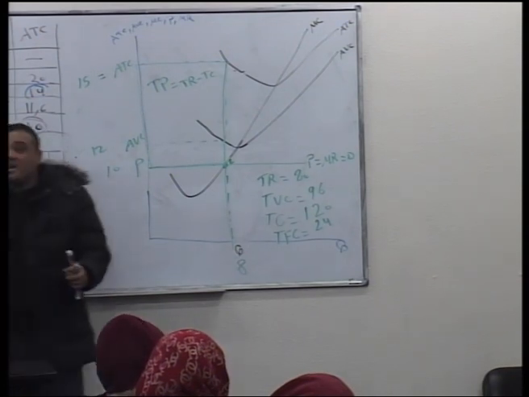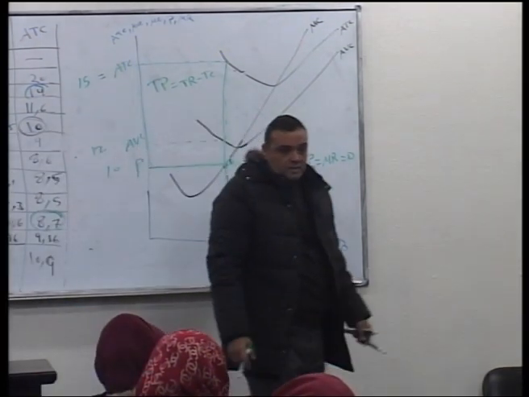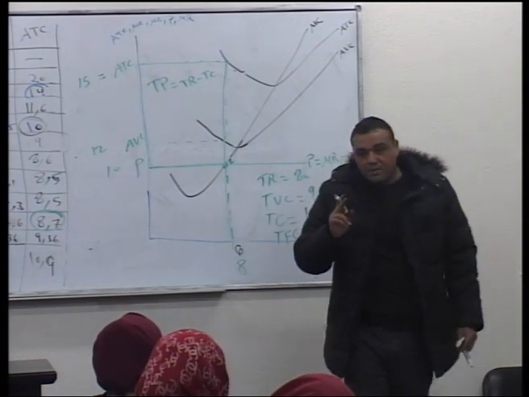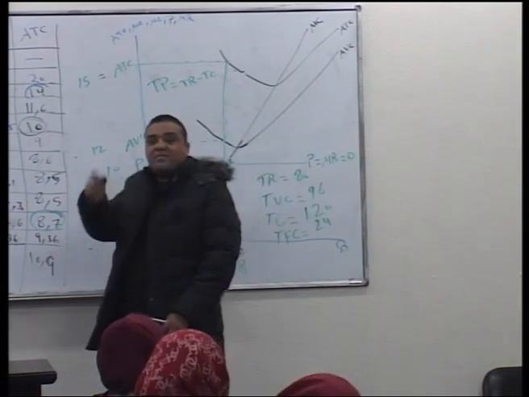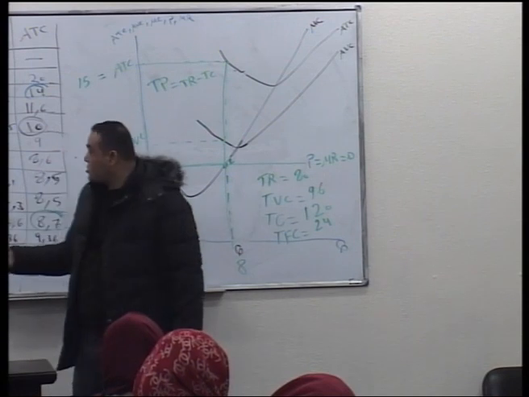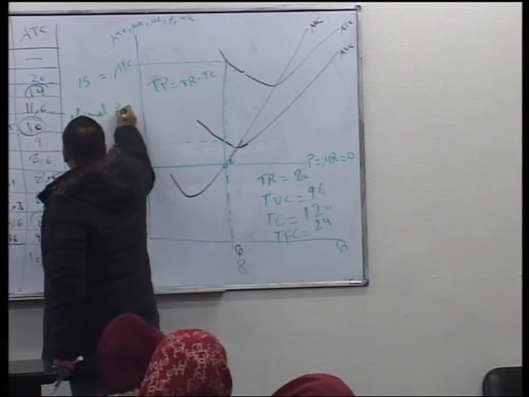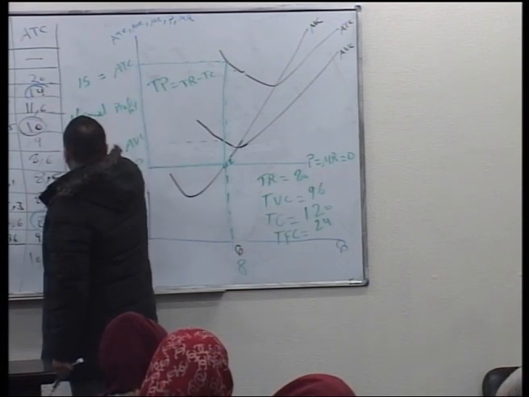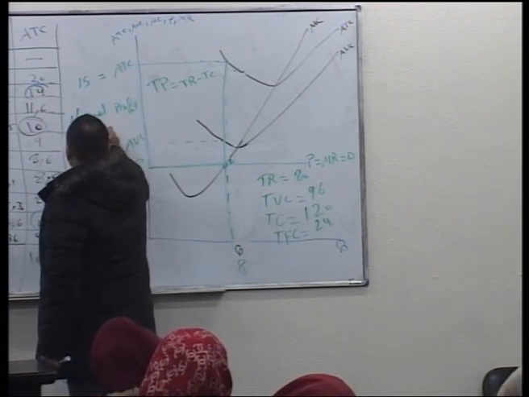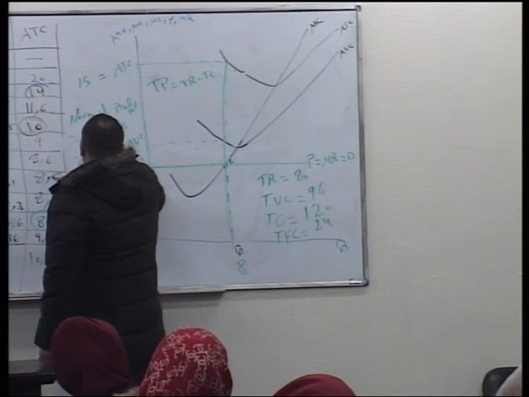How much is the normal profit? Normal profit should be negative as well. Normal profit equals total revenue minus TVC.